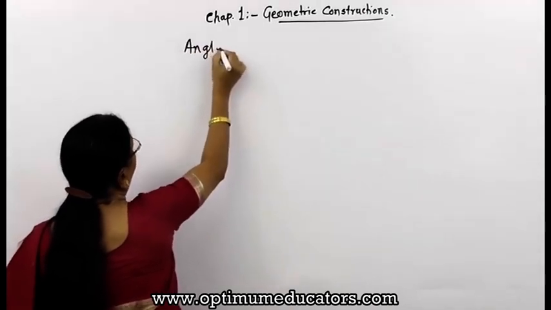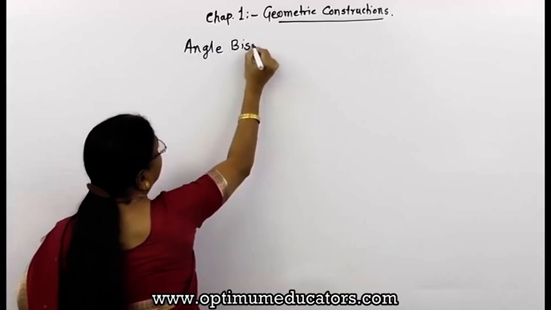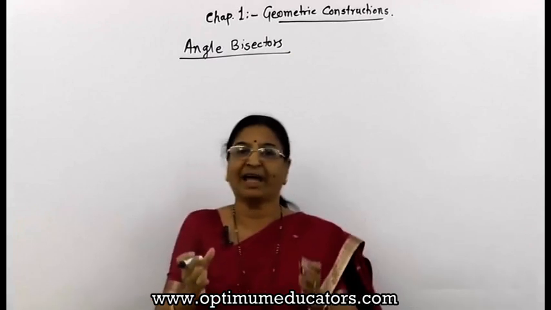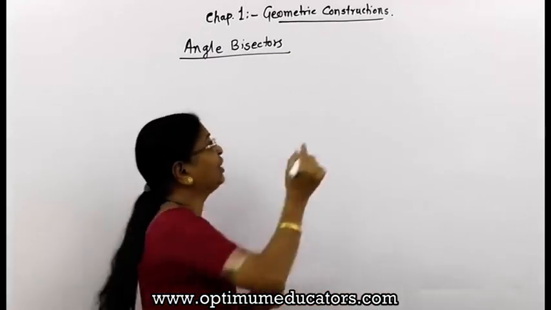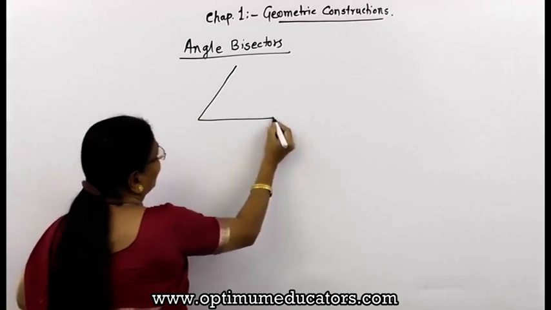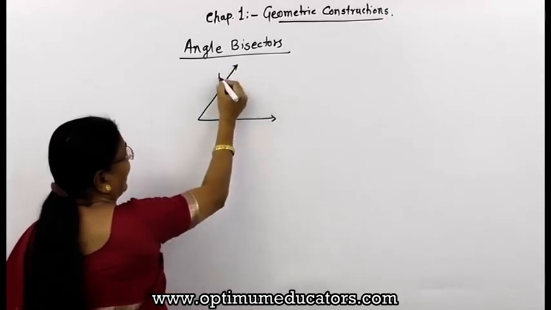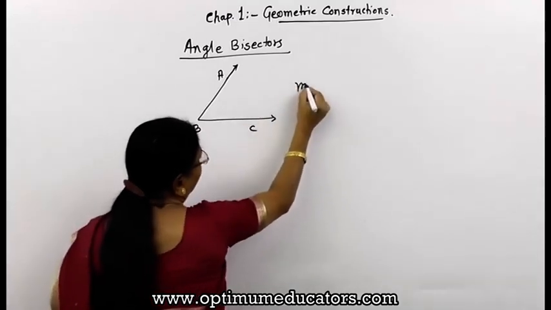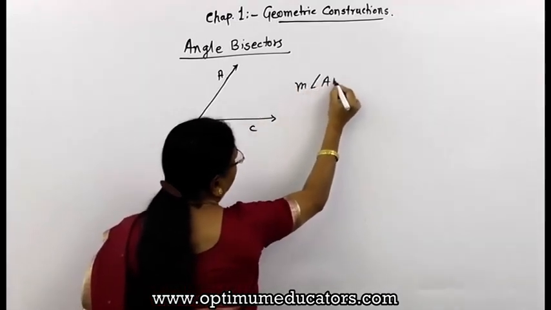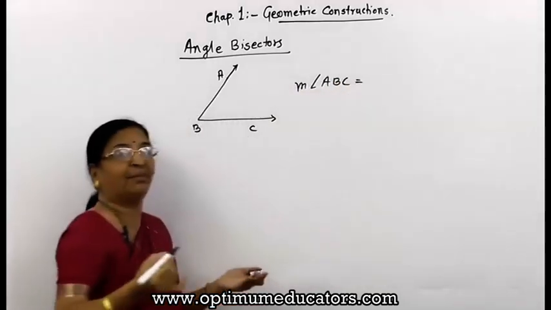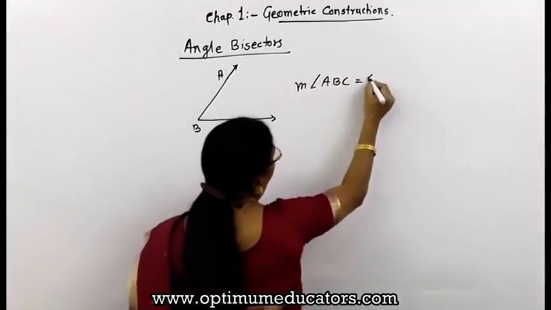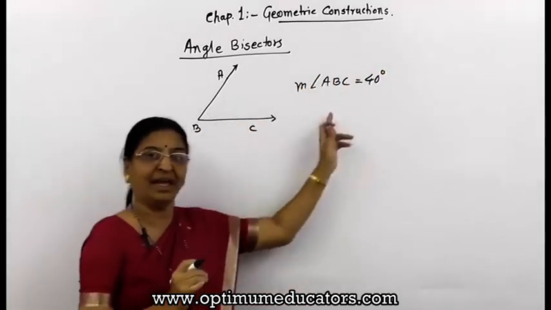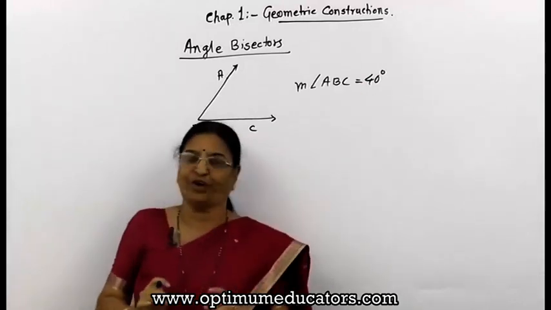The angle bisector itself tells us what type of ray it is. We can draw an angle, any angle. If I draw an angle like this, A, B, C, I can measure the angle ABC with the protractor and write, if it is 40 degrees, that the measure of angle ABC is 40 degrees.